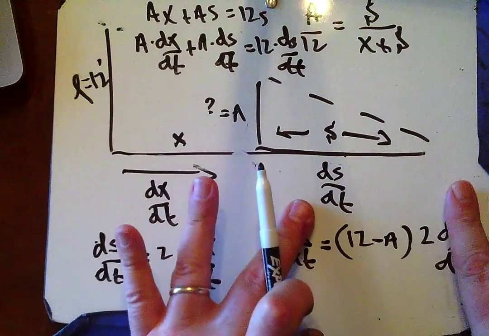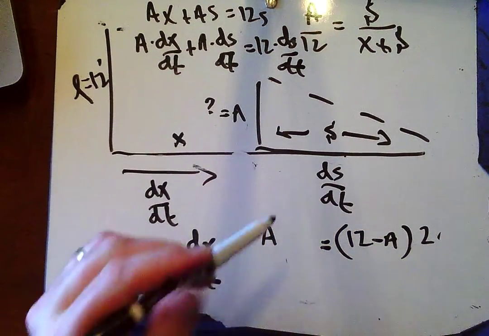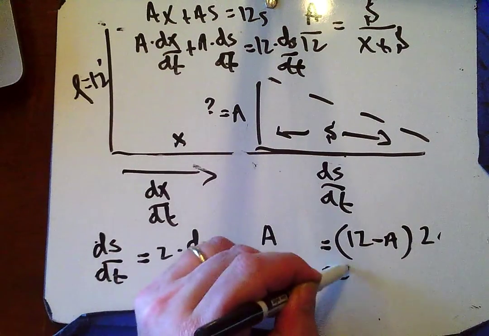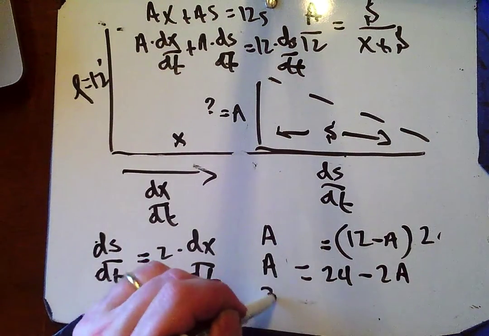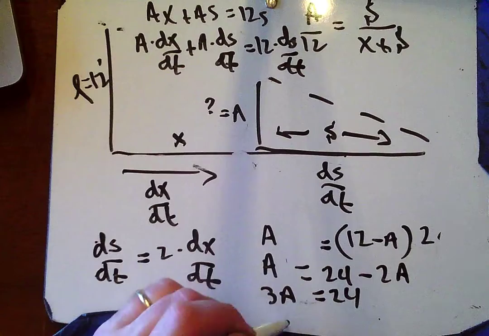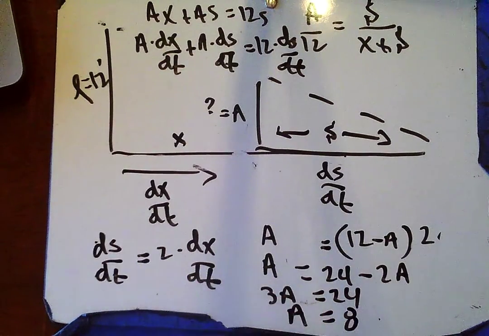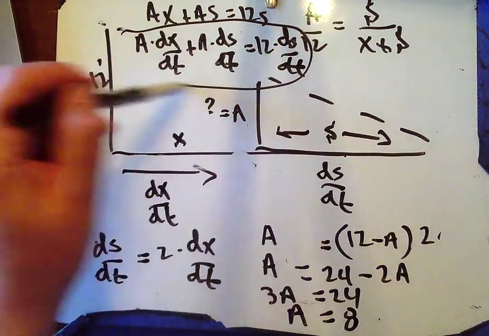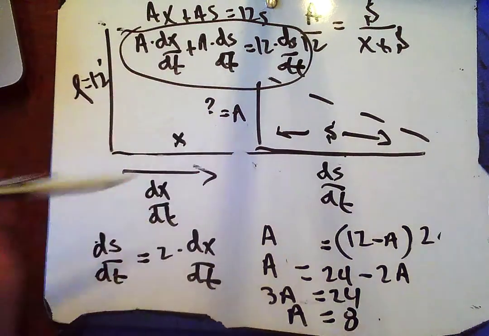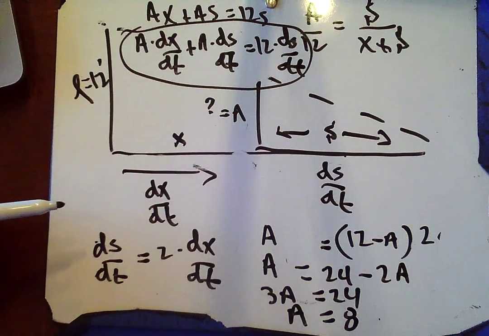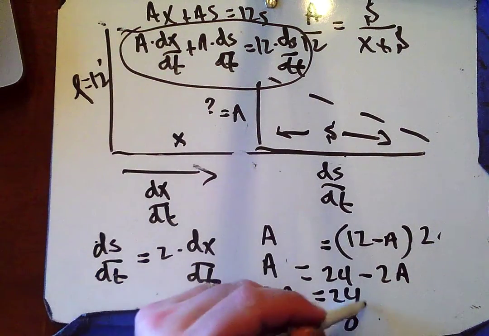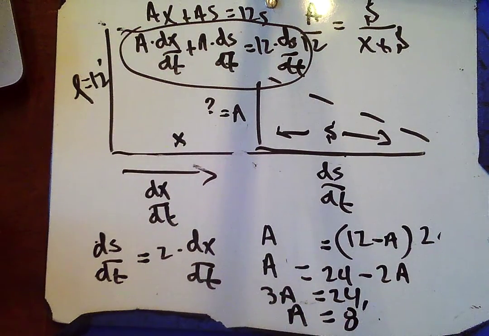So I'm going to divide both sides by dx dt. Now I've got a equals 24 minus 2a, or 3a equals 24, or a equals 8. Wow, that was so tidy. I was so worried up here when I just took the derivative of my similar triangle proportion. Yeah, that is a big ant, 8 foot tall.